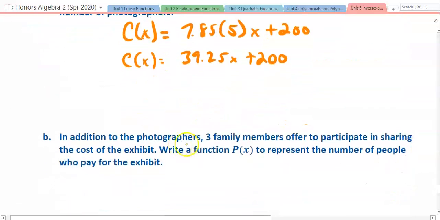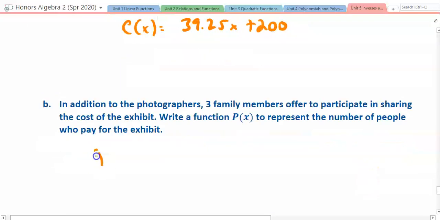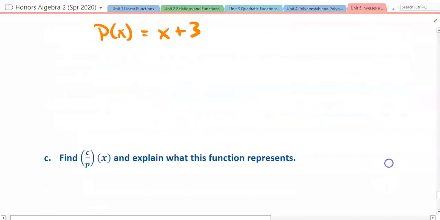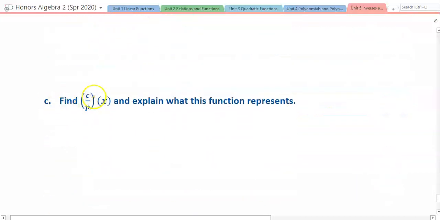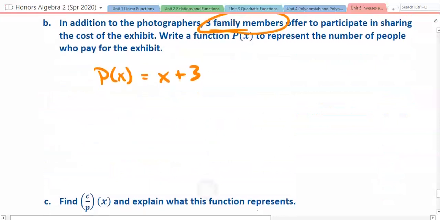It says, in addition to the photographers, 3 family members offer to participate in sharing the cost of the exhibit. Write a function P of x to represent the number of people who will pay for the exhibit. Well, our P of x is going to be the number of photographers plus the 3 additional family members. So we get that. And so C says to take our cost and divide it by the number of people who are going to pay for it to get what this represents.